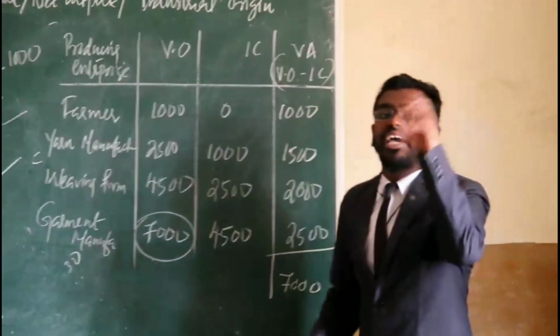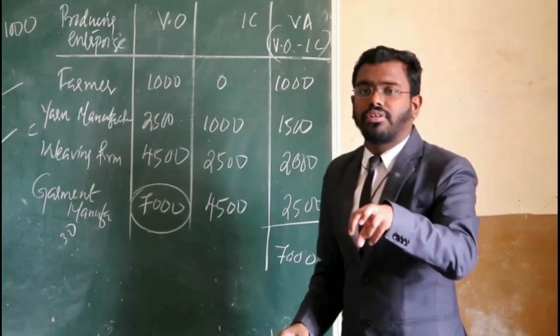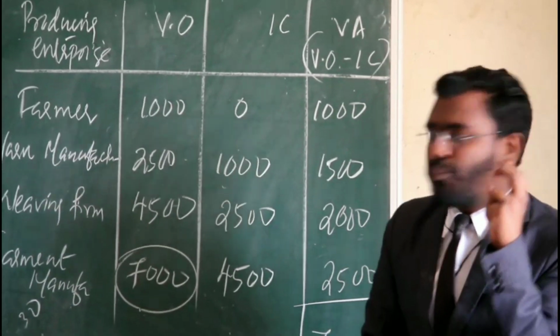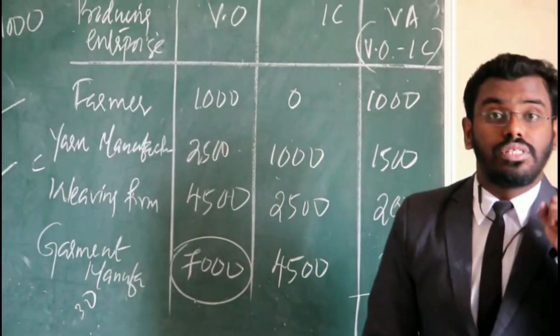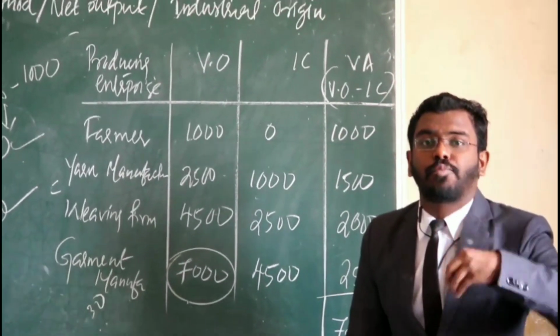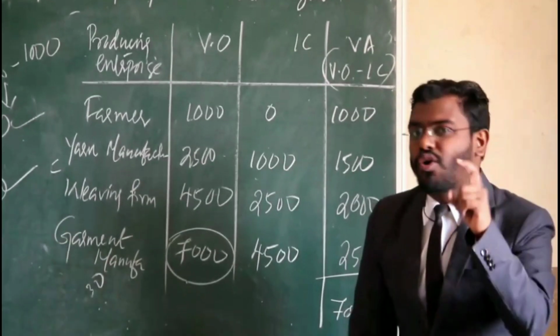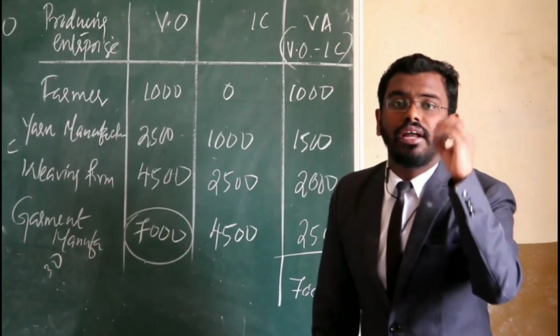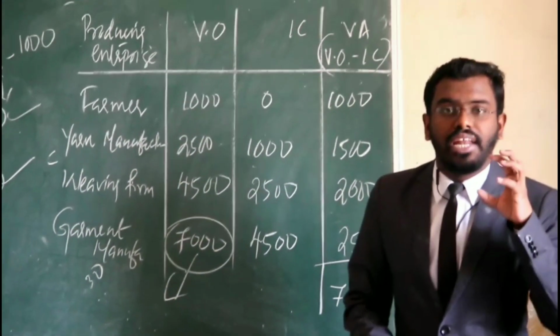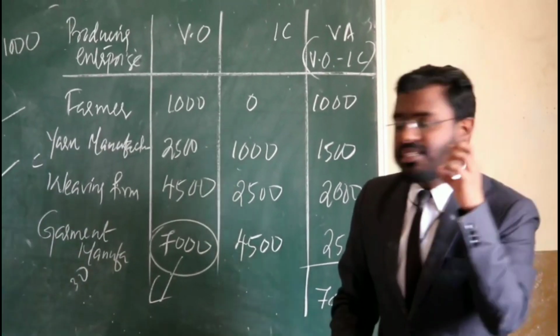So what is the final output of this sector? It is garment. So what is the value of that garment? It is 7,000. Okay, so the money value of all final goods and services produced in a particular country is known as GDP-MP. So here the money value of final good is 7,000.